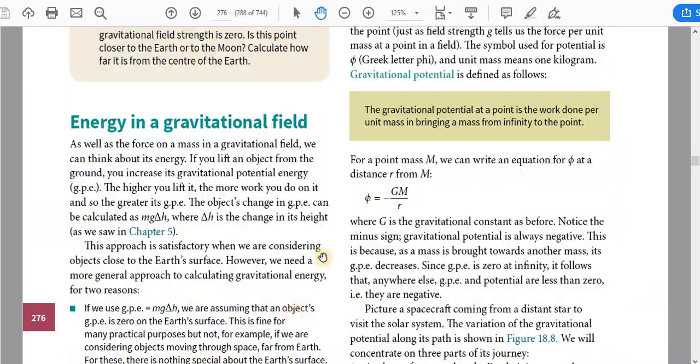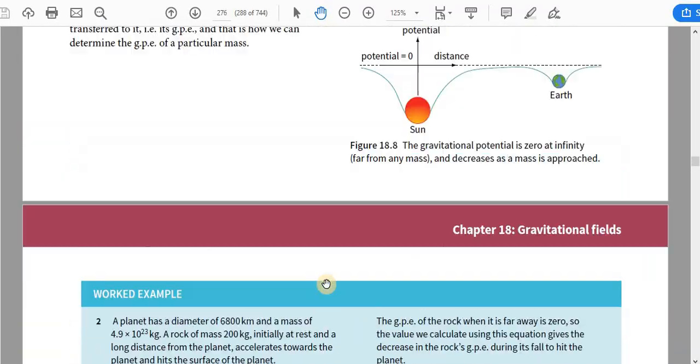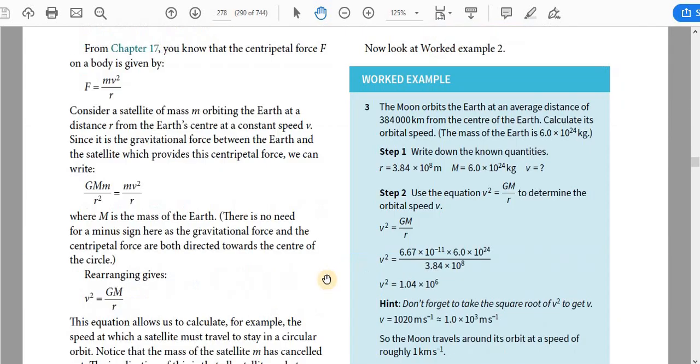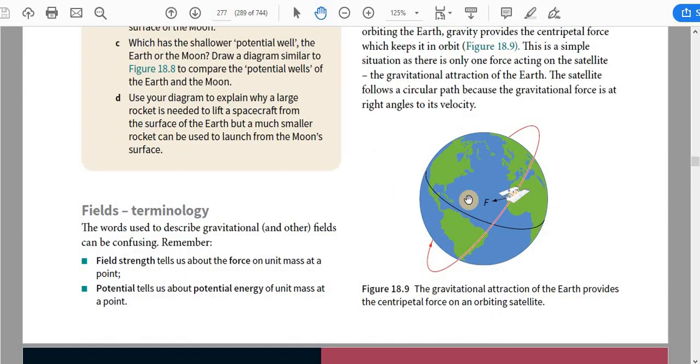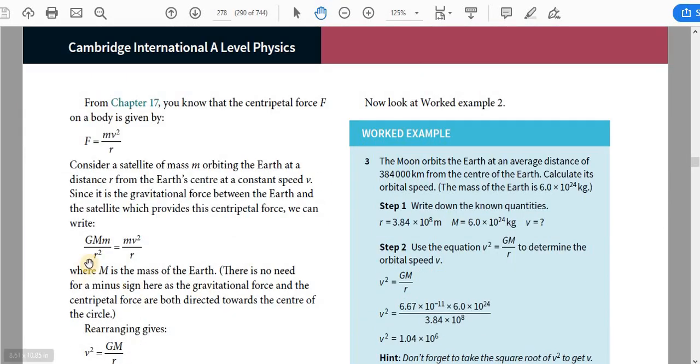So that force is given by this equation. This is also equal to the weight, the gravitational force on the satellite due to the earth, and that is also equal to the centripetal force.